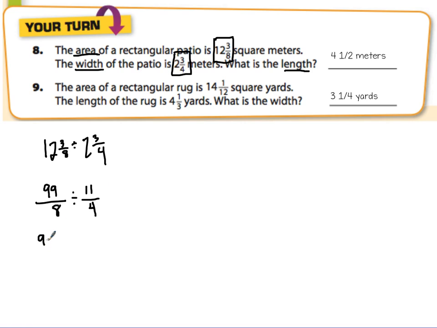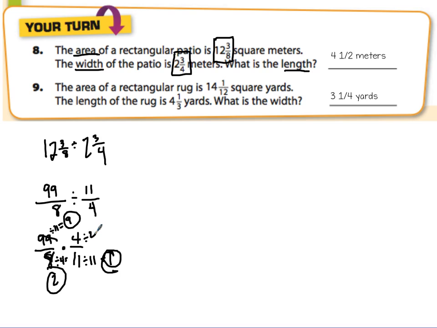I change that to multiplication of the reciprocal. That is an 8 on the bottom, sorry about that. So times 4 over 11. I know that 99 and 11 are both divisible by 11, so that gives me 1 as my new denominator. And over here, I can do 99 divided by 11, and that gives me 9 as my new numerator. 8 and 4 are both divisible by 4, so this gives me 2 as a new denominator.